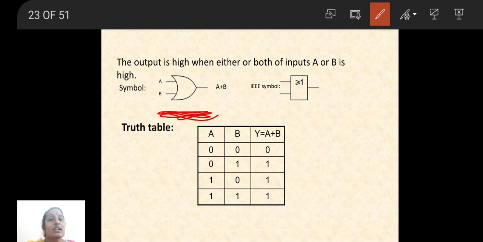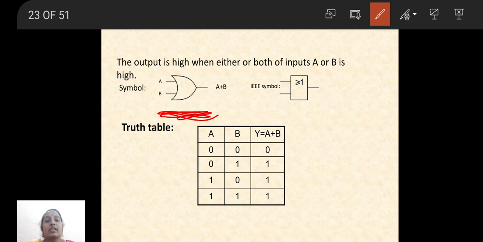The number of inputs to the OR gate is not restricted, and may be increased according to our requirement. But in our slide it contains two inputs, and in our syllabus they also ask only about two input OR gates.